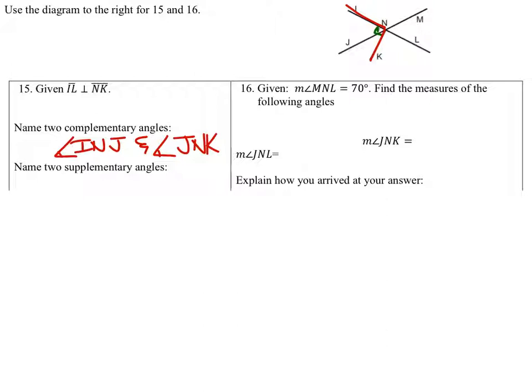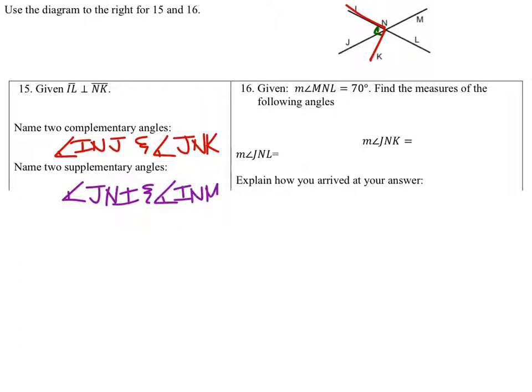Then it wants two supplementary angles, so we need 3 letters for all angles. So I'm just looking for anything that gives me a straight line. This one, JNM. Oh wait, they have to be supplementary. J and M itself is a straight line, but it's been split into two. So I'm going to use angle JNI and angle INM.